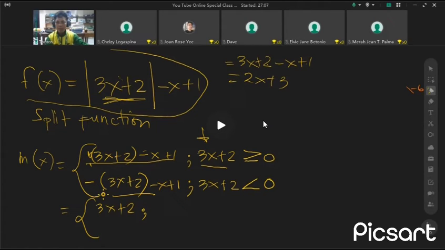We need to pause for a minute because I committed a mistake here. Instead of writing 2x plus 3, I mistakenly wrote 3x plus 2.